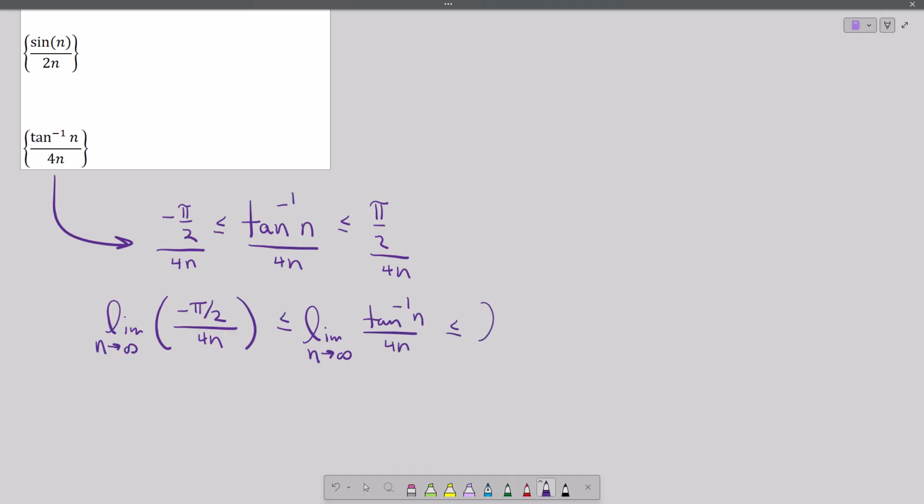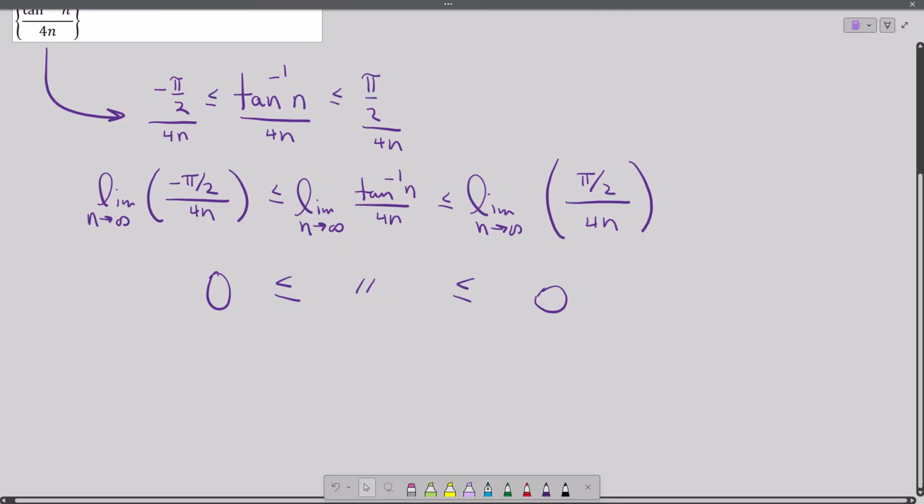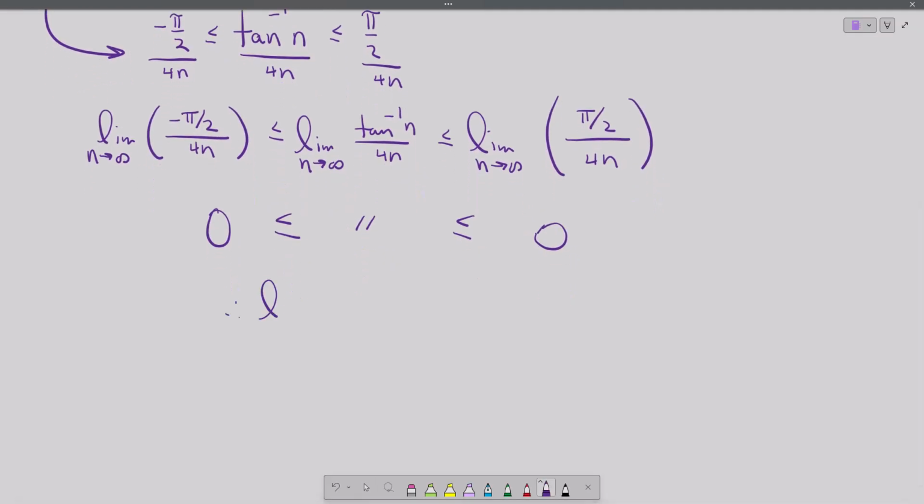What we notice is that the left side and the right side, as n goes to infinity, approach the same value. Both have a constant in the numerator and a function in the denominator that's blowing up to infinity, so the fractions are shrinking to 0. So we have 0 and 0, and that allows us to conclude that the limit of the middle is also 0.